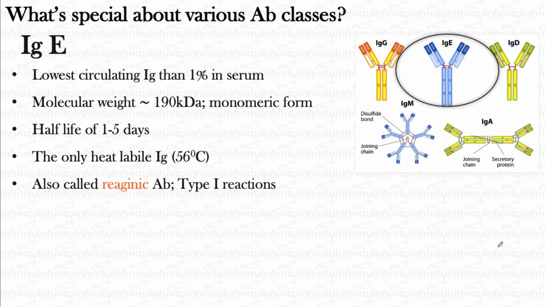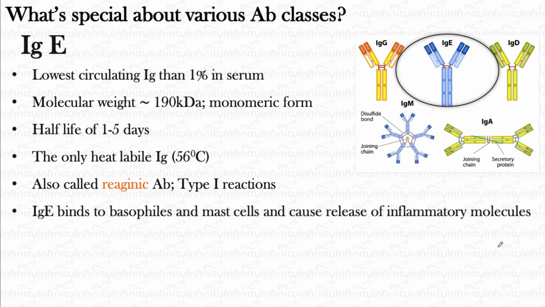The other important fact to note is that IgE is sometimes known as a reaginic antibody as it precipitates type 1 hypersensitivity reactions. There'll be a video soon about the different kinds of hypersensitivity reactions, and we'll talk about the role of IgE there. But for now, just remember that IgE binds to the basophils and mast cells and causes them to degranulate.